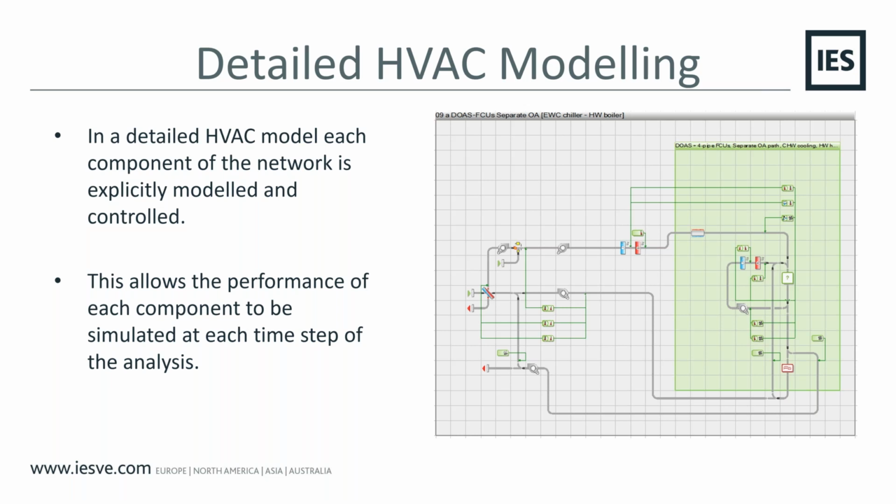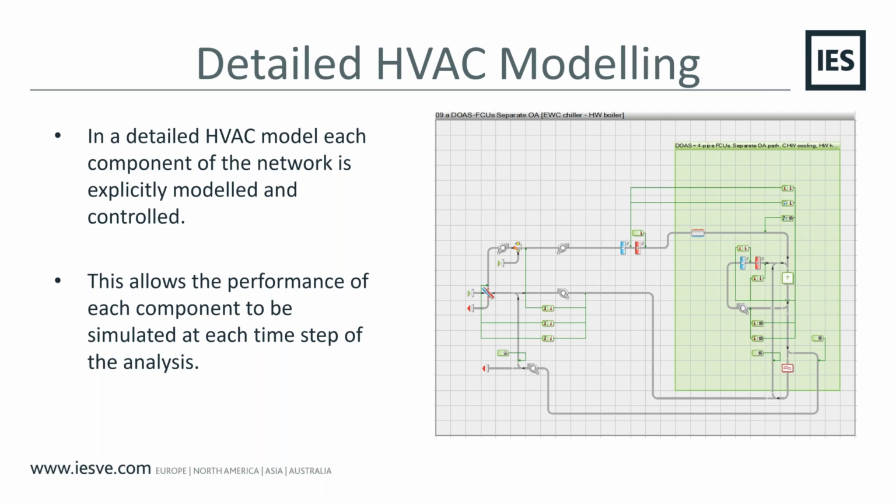The detailed HVAC model is also controlled in a manner that reflects how this building would be operated in reality. For example, airflow controllers will be configured that will modulate the amount of ventilation that goes in based on a CO2 concentration within the space. Similarly, fan coil units would be continually moderating their output for heating or cooling depending on sensed temperatures within the room, again potentially adjusting airflow rates passing through the fan coil unit itself.